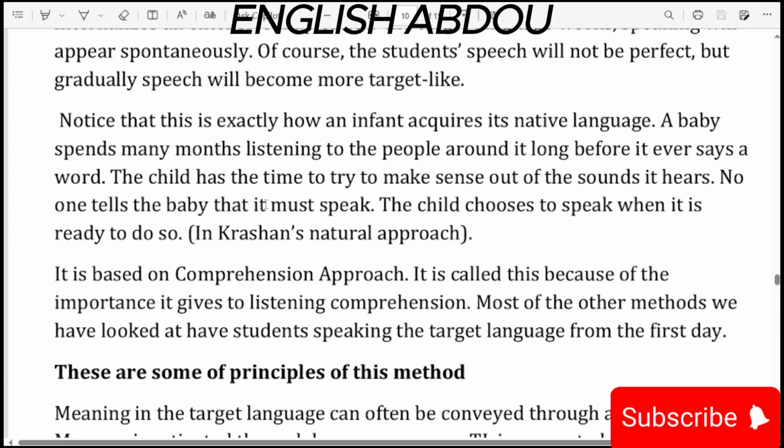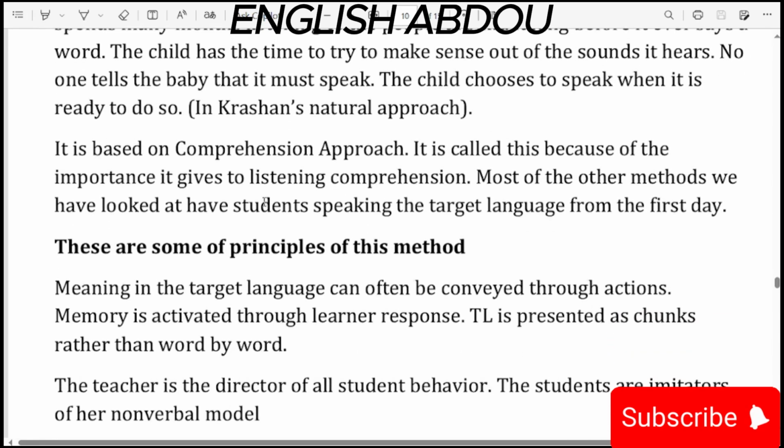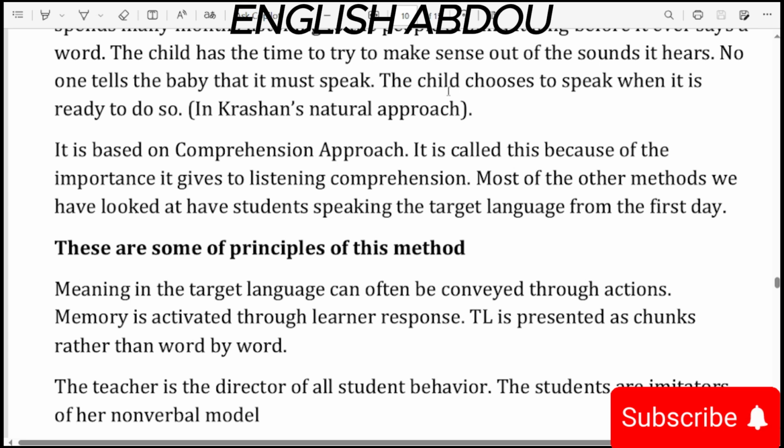Long before it ever says a word, the child has the time to try to make sense of the sounds it hears. No one tells the baby that it must speak. The child chooses to speak when it is ready to do so. Krashen's natural approach is based on the comprehension approach, so the students listen comprehensively.